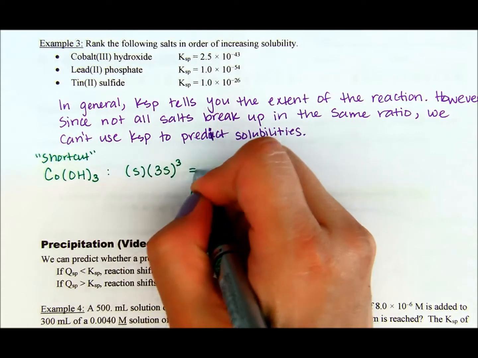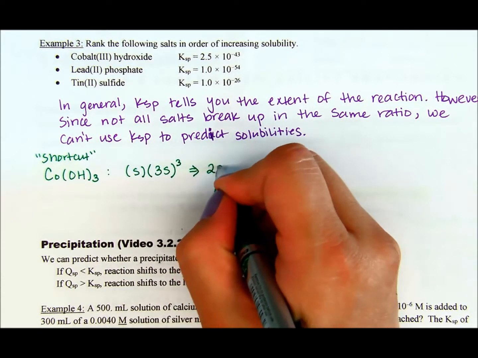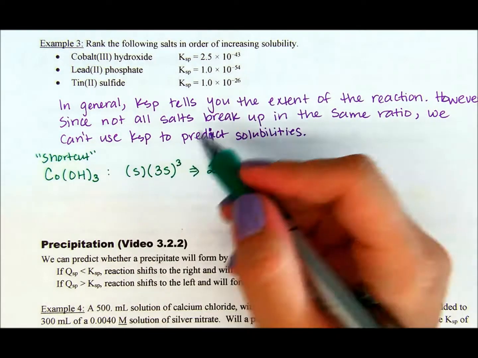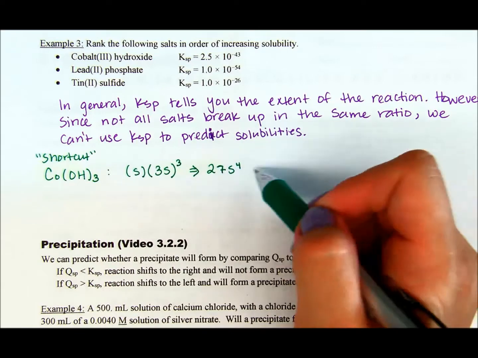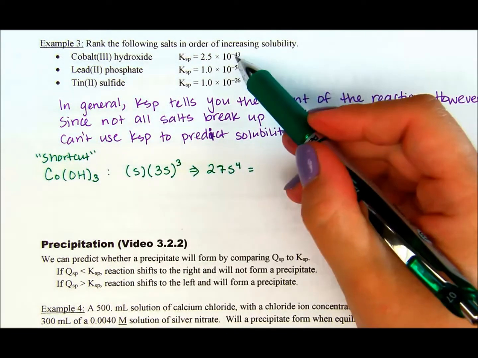When you combine like terms, you should get 27S to the 4th. So 3 cubed is 27, 3 plus 1 is 4, so 27S to the 4th. And that's going to be equal to its KSP.